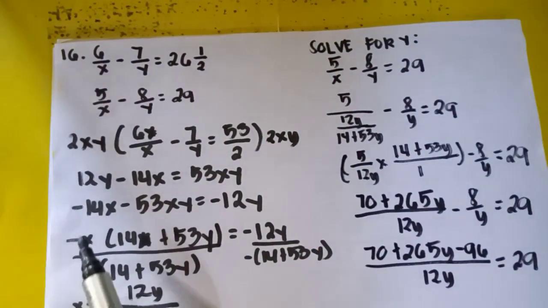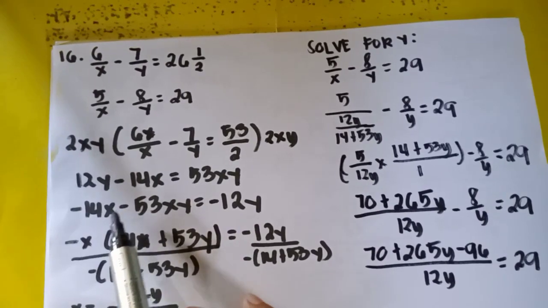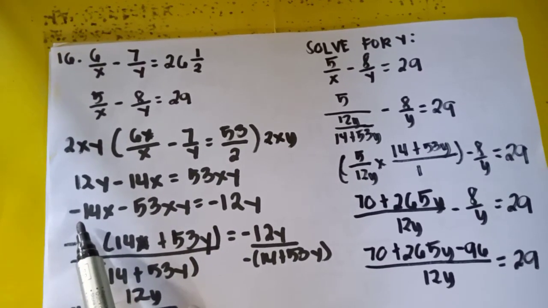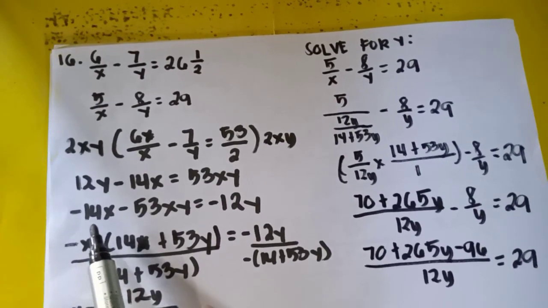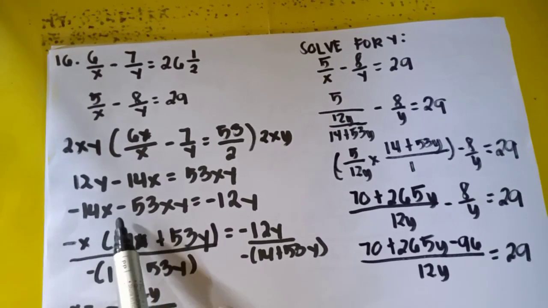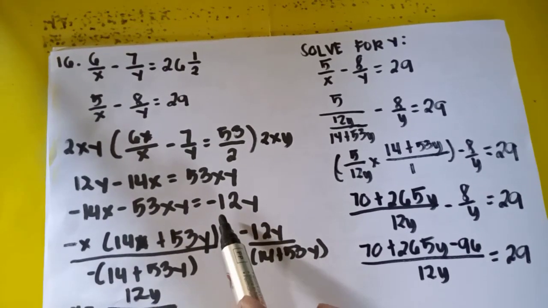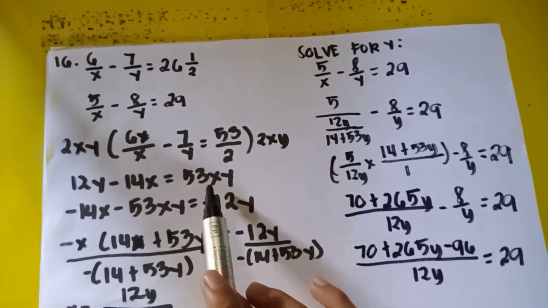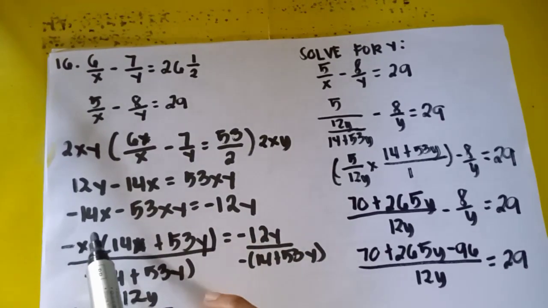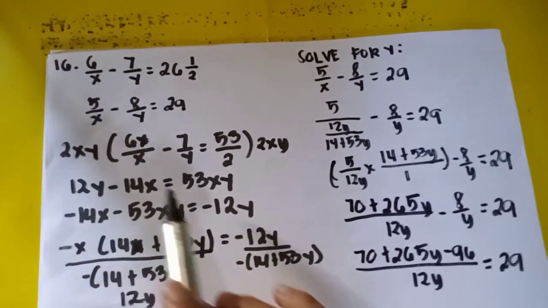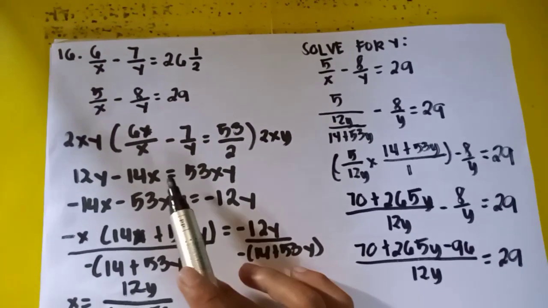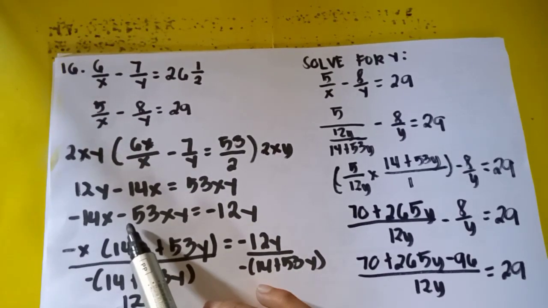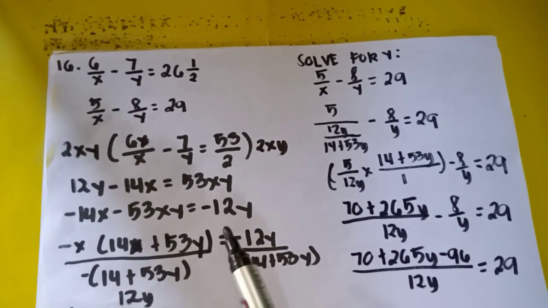So now we have here negative 14x minus 53xy equals 12y. We transposed 53xy to the left side and the 12y to the right side, so their signs were changed. The positive 1 became negative 1.